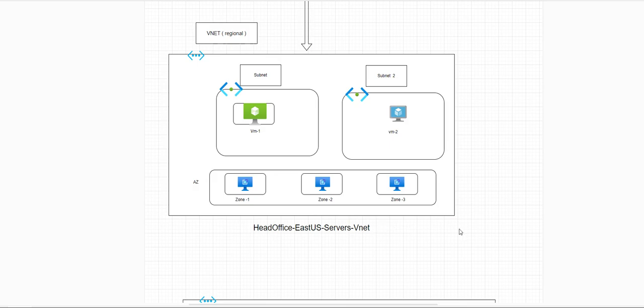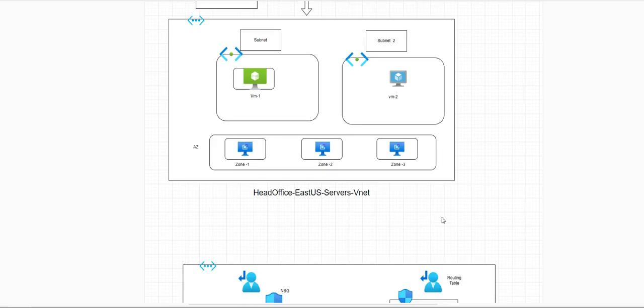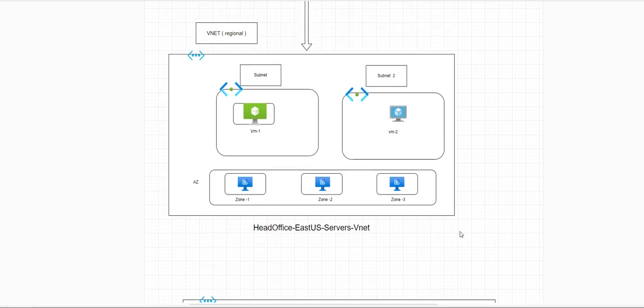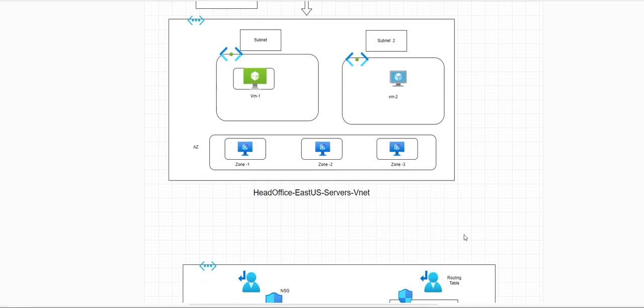The purpose is that I put my head office servers in the virtual net I created in East US. It's just an example, not a hard and fast rule, but to identify easily, you can rename something like that, right?